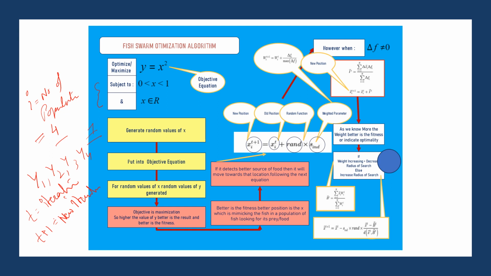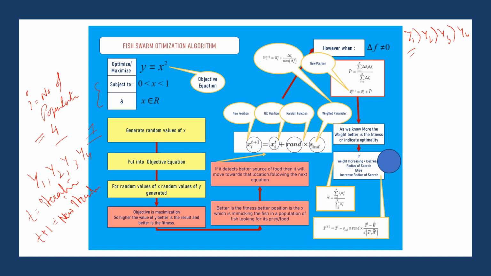That means if y1 is greater than y2 is greater than y3 greater than y4, then y1 is the fittest one. So our next step will be to generate new values of x. Now we have a set of 4 values of x that we generated randomly at the first step, and got 4 values of y.